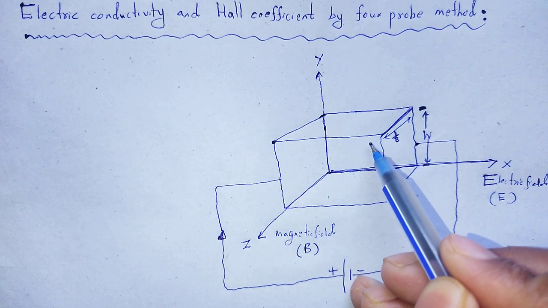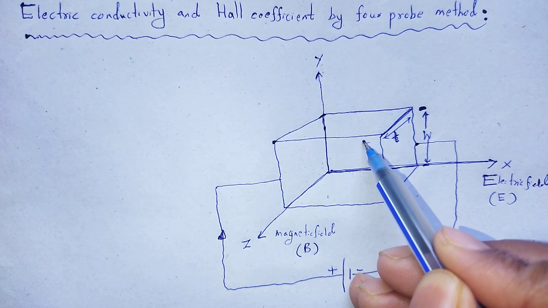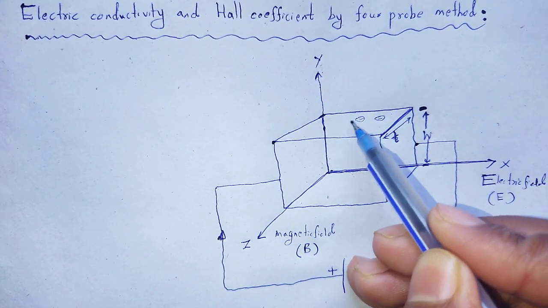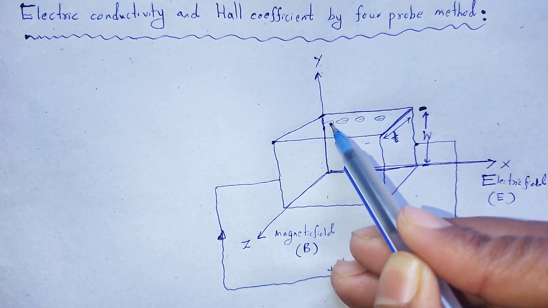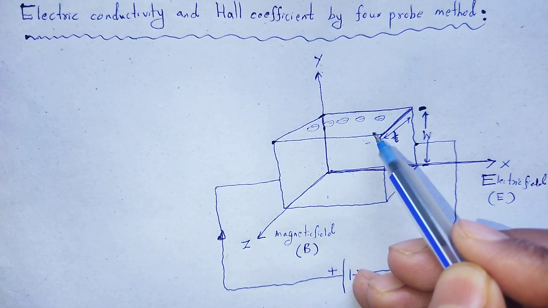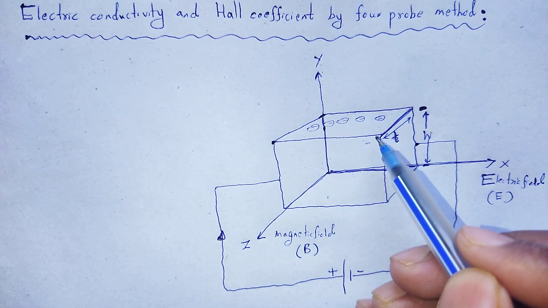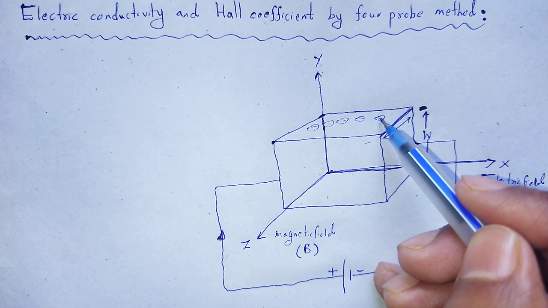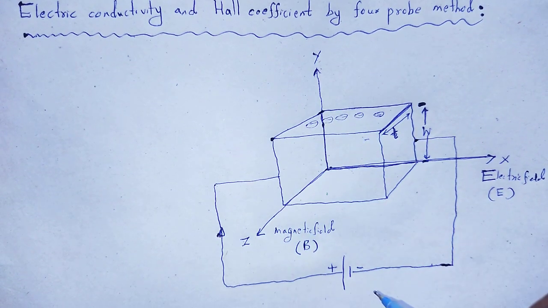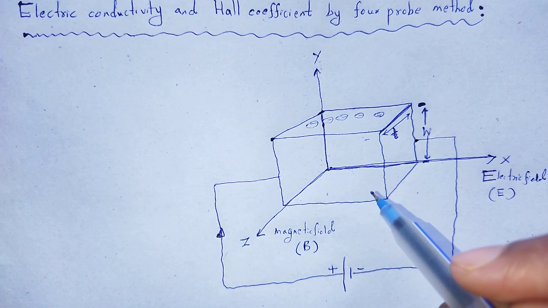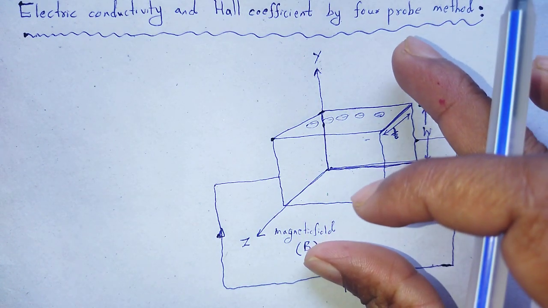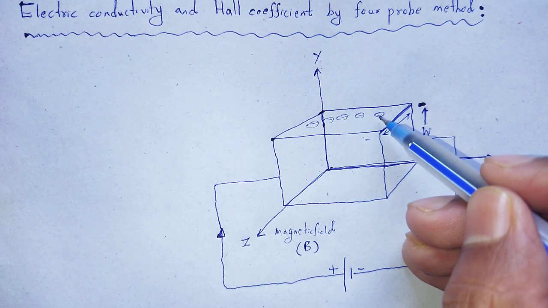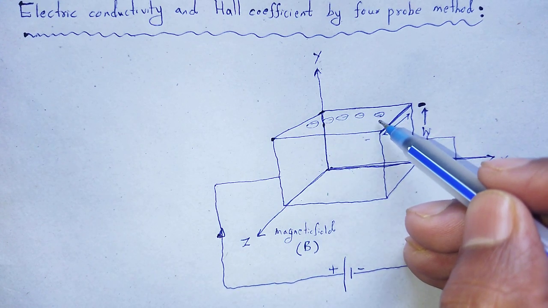As a result, the flow of electrons, which is opposite to the direction of flow of current, now, due to the application of the magnetic field, is downward.